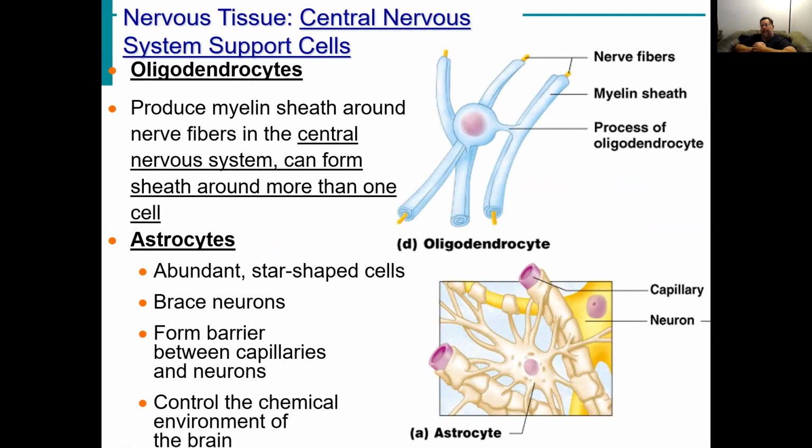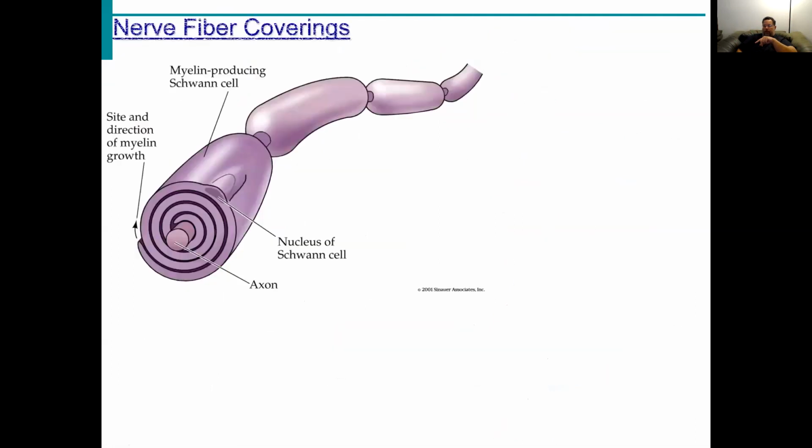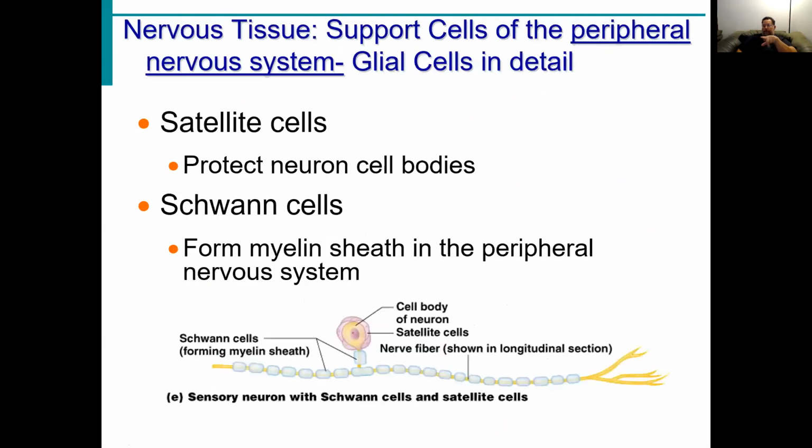Now, what about the central nervous system? Well, it has its own set of glial cells. So remember, the glial cells are support cells. In the peripheral nervous system, we had Schwann cells that make myelin sheath. And we had, let's go back and look, satellite cells that surrounded the neuron cell body.